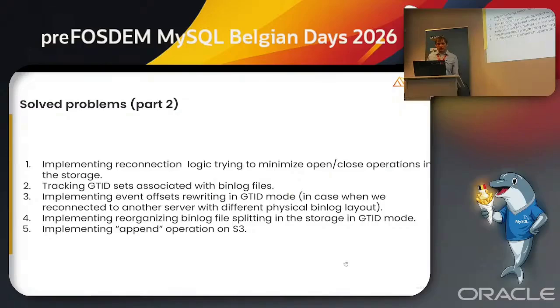It's not a simple operation. So if we just disconnected from the MySQL server and reconnected, it may not be a good thing to start from the beginning. So we reused and optimized this logic to minimize open-close operations for the storage.